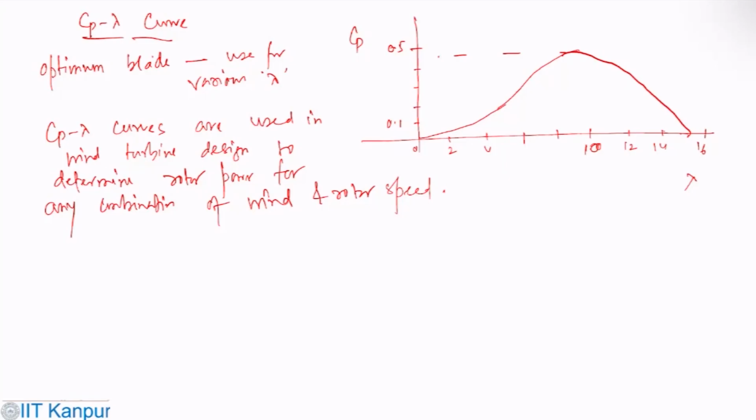They provide immediate information on the maximum rotor power coefficient and optimum tip speed ratio. So these curves provide maximum CP and lambda optimum. But obviously one has to be careful while finding these things, because variations in airfoil lift or drag coefficients depend on the airfoil and the Reynolds number. So all this needs to be considered in this particular procedure.